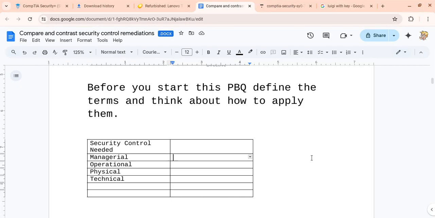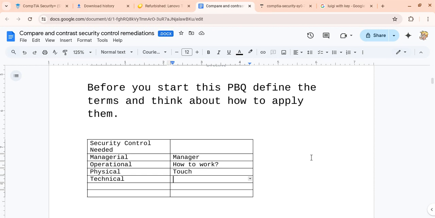So managerial, like, I don't know, manager at a company, or your boss, supervisor, something like that. Operational, okay. How to work, right? How you operate, same word as operate, how to do something. Physical, so something that you can see or touch, maybe a door, a lock, something like that. That would be a physical control.